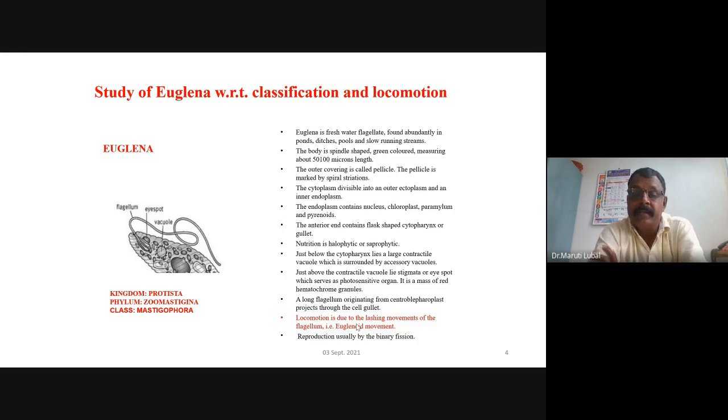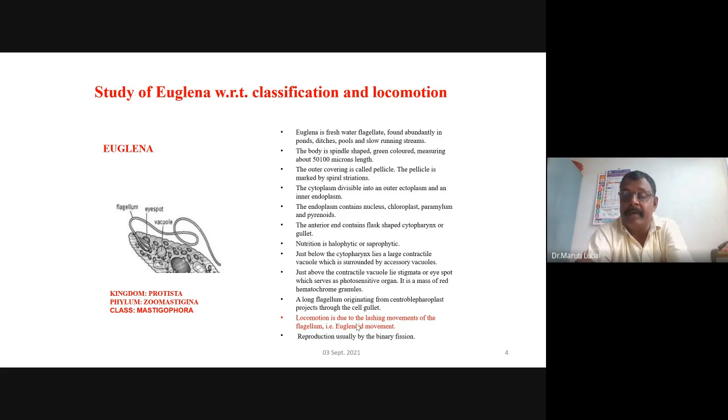The nutrition of Euglena is holophytic or saprophytic. Just below the cytopharynx lies a large contractile vacuole surrounded by accessory vacuoles. Just above the contractile vacuole there is a stigma or eye spot, which serves as the photosensitive organ.